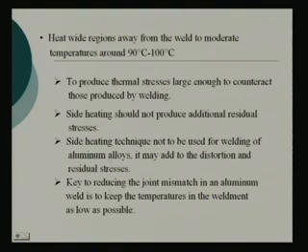So, here some of the details of that process are mentioned: the heat is applied wide ranges away from the weld to moderate temperatures of 90 to 100 degrees centigrade. That means the temperature level is kept low, yet enough to produce thermal stresses large enough to counteract those produced by welding.